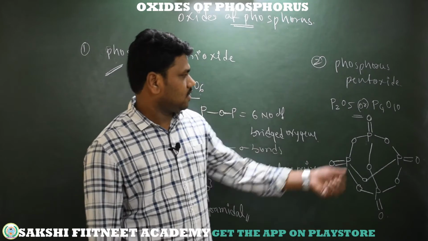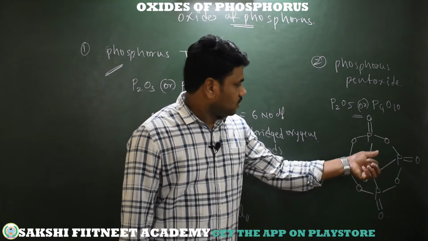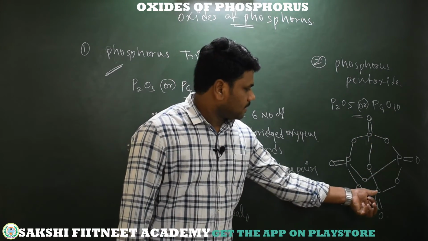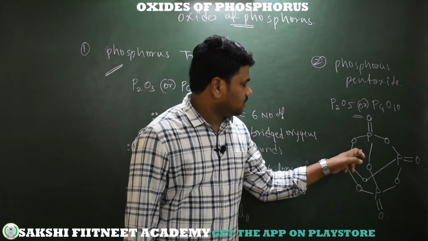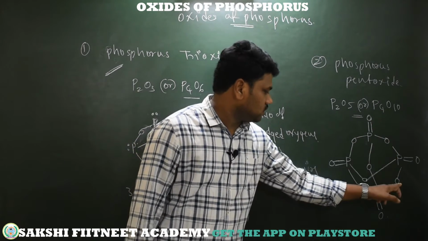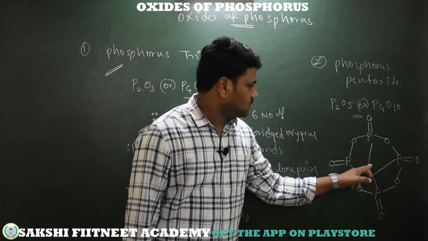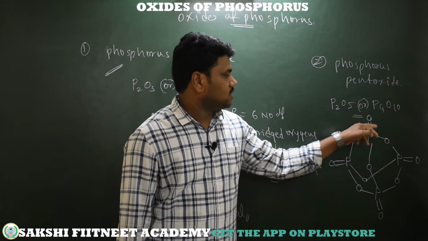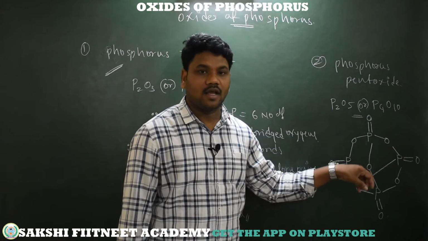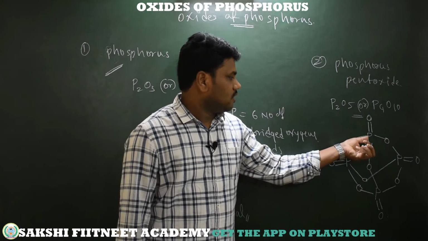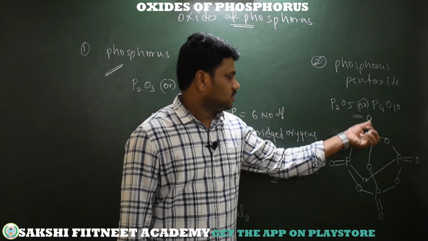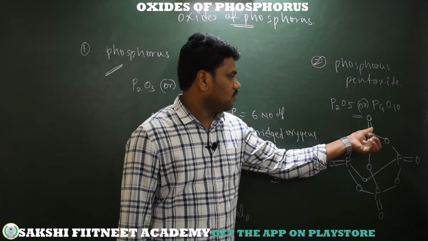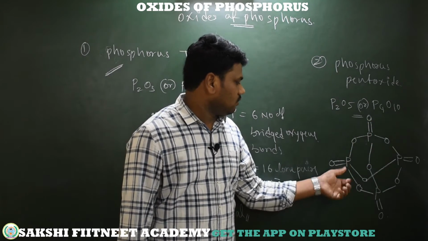What is the formula? It's P4O10. We have 6 bridging oxygen atoms, 1 2 3 4 5 6, and the remaining oxygens exist like carbonyl oxygen; instead of carbon, here we have a phosphorus double bond. Phosphorus to oxygen: 1 sigma bond, 1 pi bond.